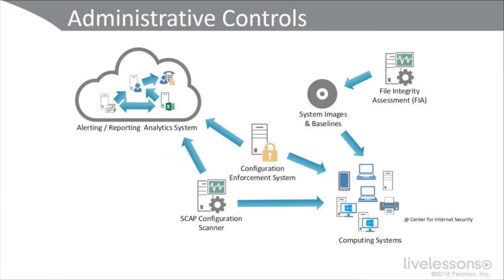So we can see in this diagram, in addition to using SCAP scanning, we also have our configuration enforcement systems. We have baseline images, we have file integrity assessment. And file integrity monitoring is also another key aspect of security. We can use third-party monitors for our endpoints and for our users, for the files on their systems.